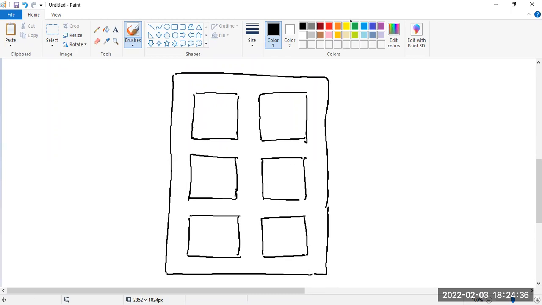Okay, this kind of window. Then we'll be having our coil. So these are the terminals.